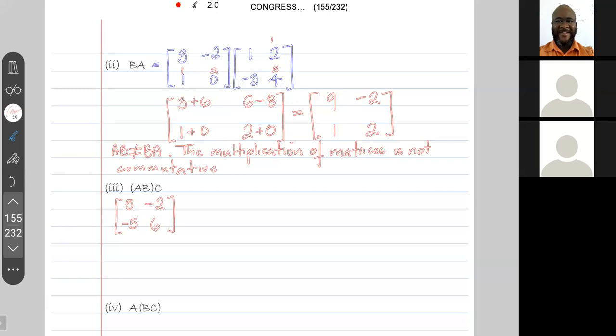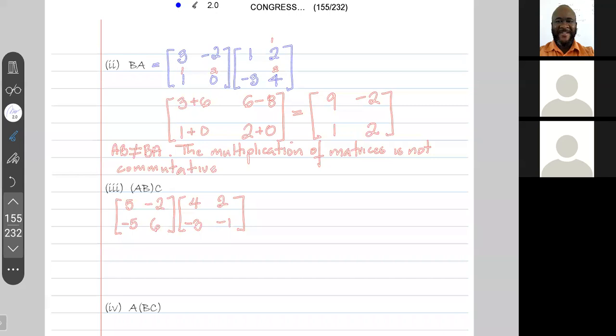All right, so let's do AB now times C. C is 4, 2, minus 3, minus 1. And remember, you're doing AB times C. We did AB already, so you didn't need to do it again. You just simply use it.